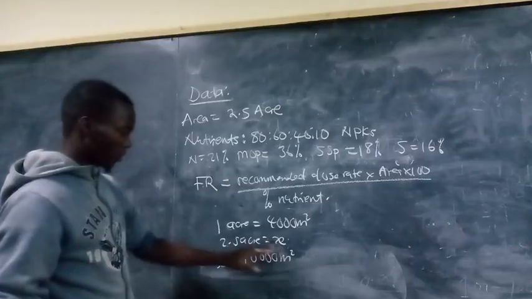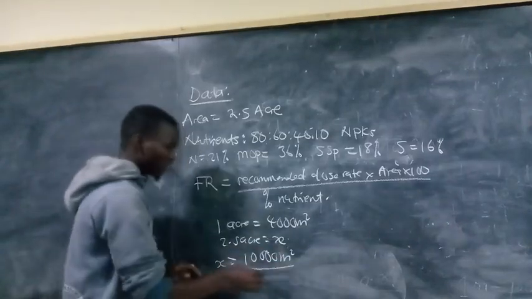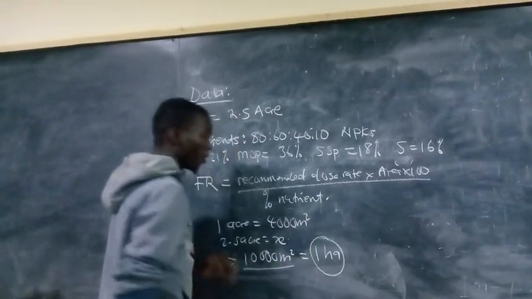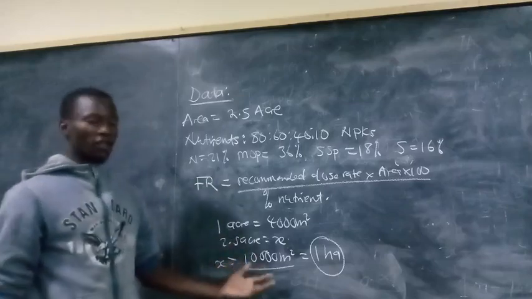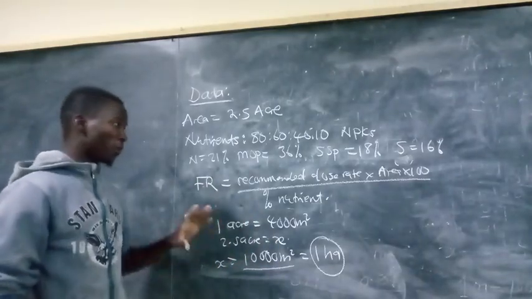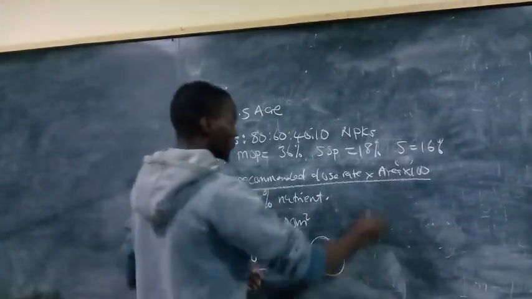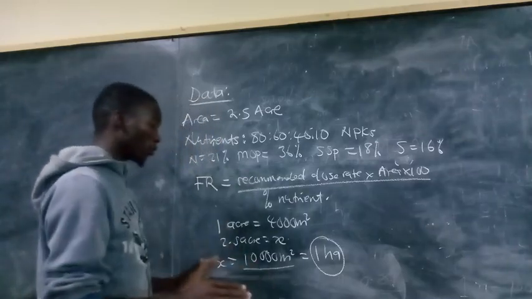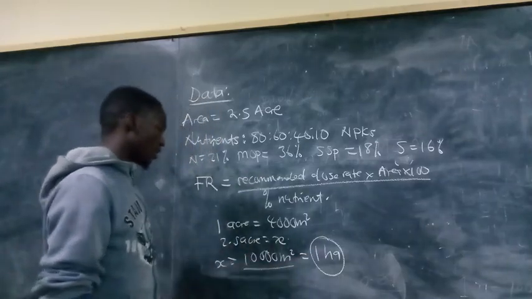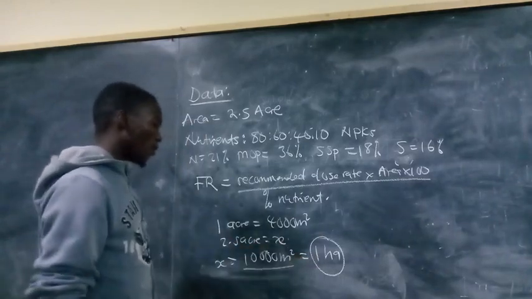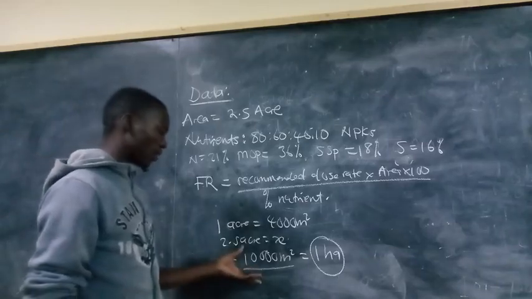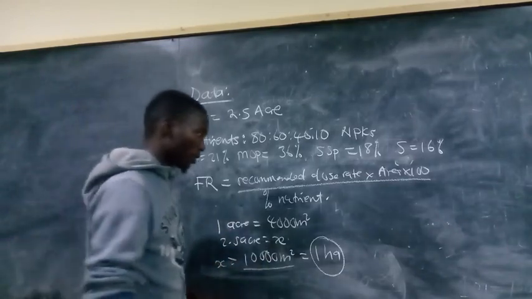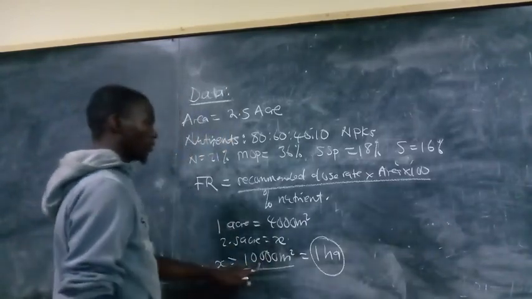This is the same as 1 hectare. 1 hectare is equal to 10,000 square meters. So you may find that the people who put 1 here for this 2.5 acre are not wrong, because this is equal to 1 hectare when you convert the area. So we may have to use this one.